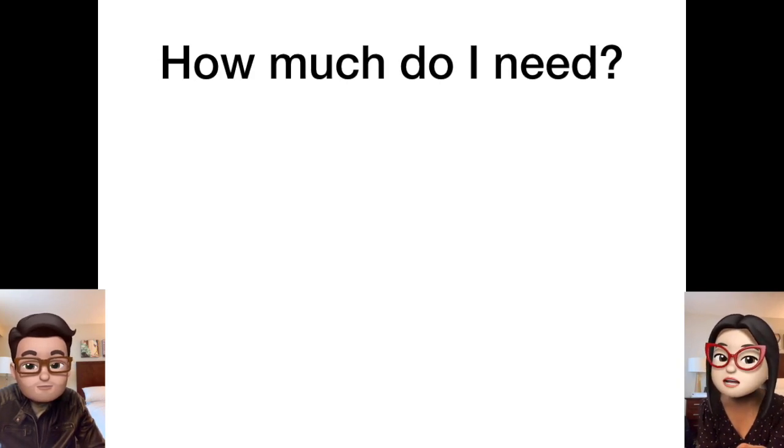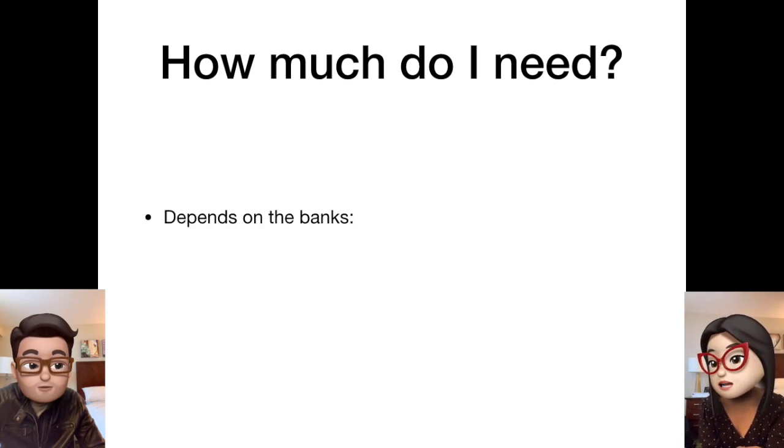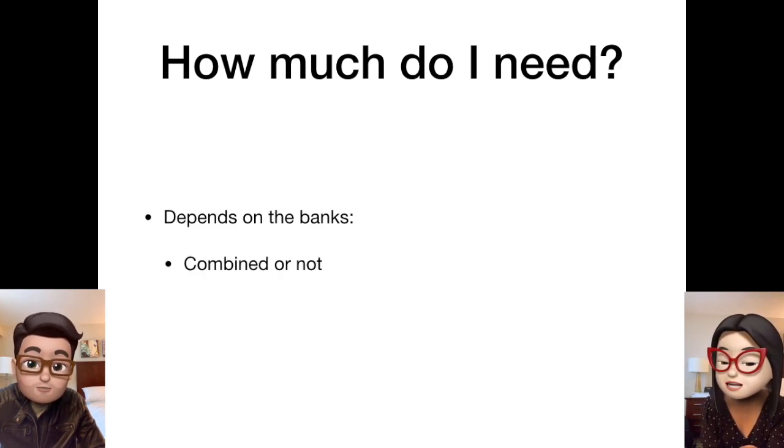Another very important question is how much money do you need to open these bank accounts? It depends on the bank. So you need to deposit money when you open these accounts, but there is a minimum you need to have to avoid the monthly maintenance fee. Right. So the bank account needs some money inside for you to avoid the fees, and it depends on whether you open a checking account and a savings account.